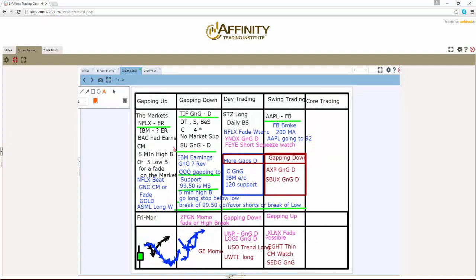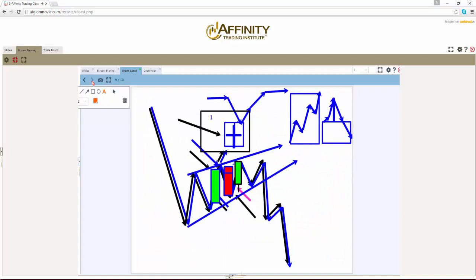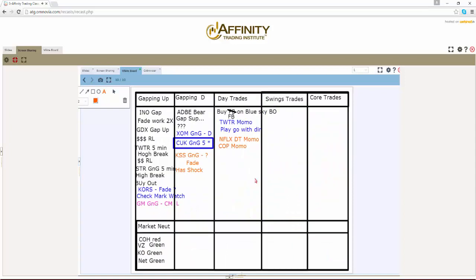By the way, I also go over the plays for the day with the traders, and I do some live coaching with the guys on our corporate account to see who traded well, who could have done this better, who could have done that better. What you will see is a lot of green marked up, because a lot of times I'll go over the ones that are working particularly well.